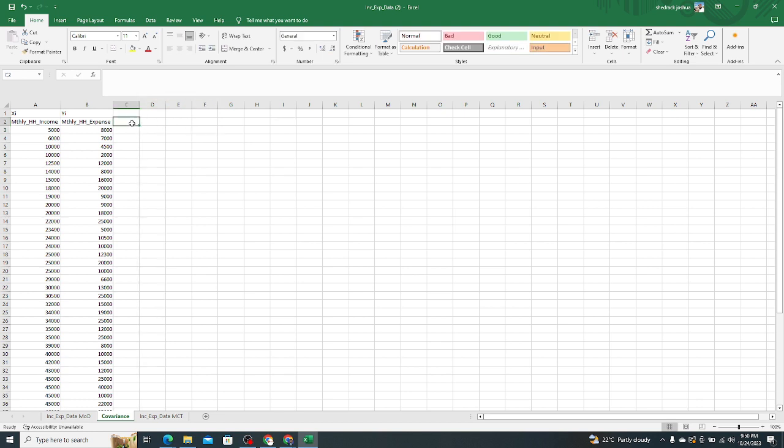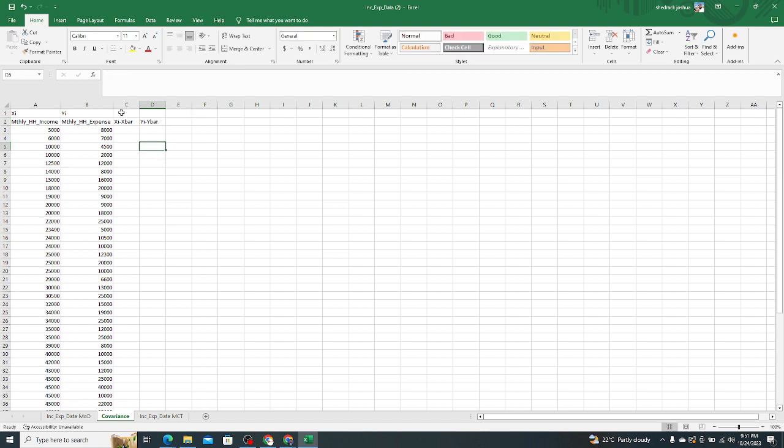Basically what we need now is the income minus the income mean, that is the xi's minus x bar. We also need yi minus y bar.